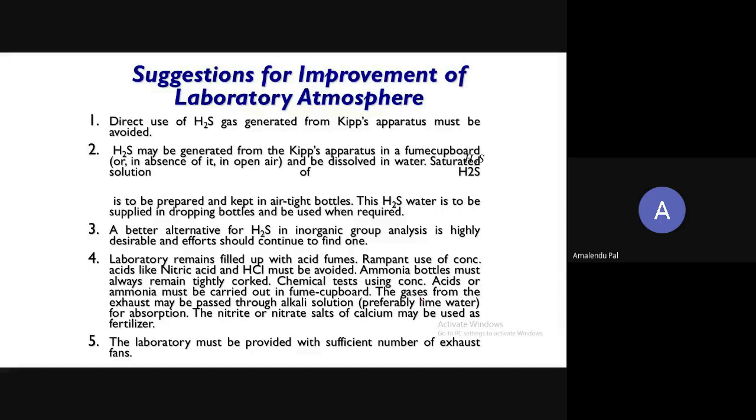Gases from the exhaust may be passed through an alkali solution, such as lime water, for absorption. The calcium nitrate salt formed may be used as fertilizer. Anyway, the laboratory must be provided with a sufficient number of exhaust fans. This is the laboratory condition in our country.